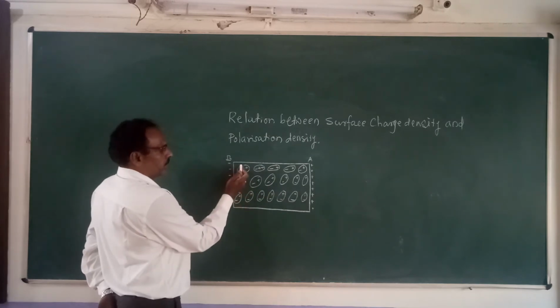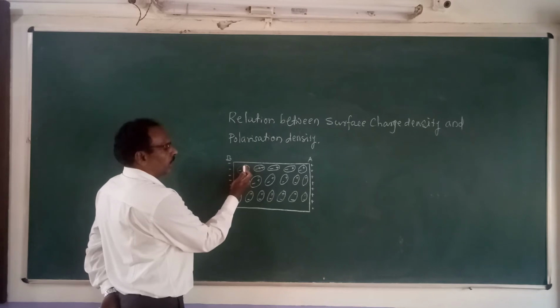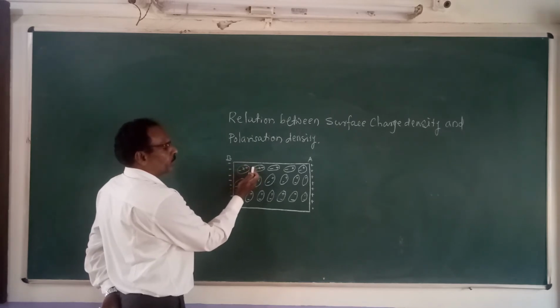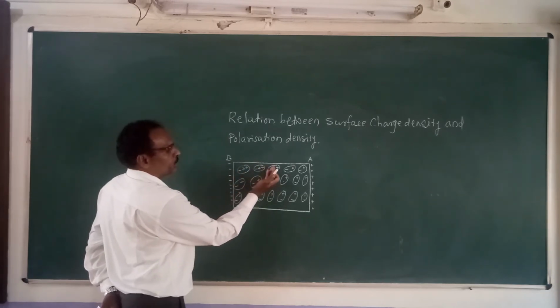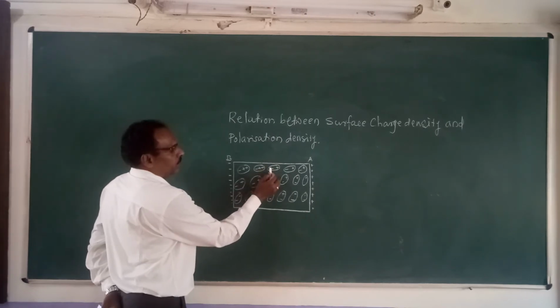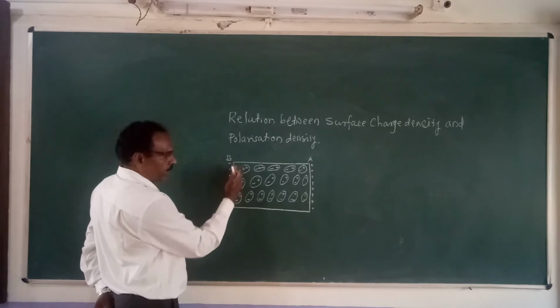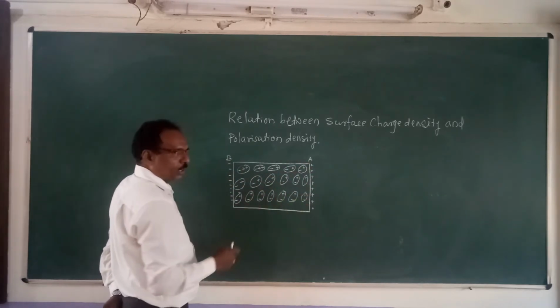That means the negative charge of one molecule and the positive charge of the next molecule become closer here, as we have seen. This is positive, this is negative, this is positive, this is negative, then come closer. So on one side, on an average, the negative charge is here, and on the other side, positive charges.